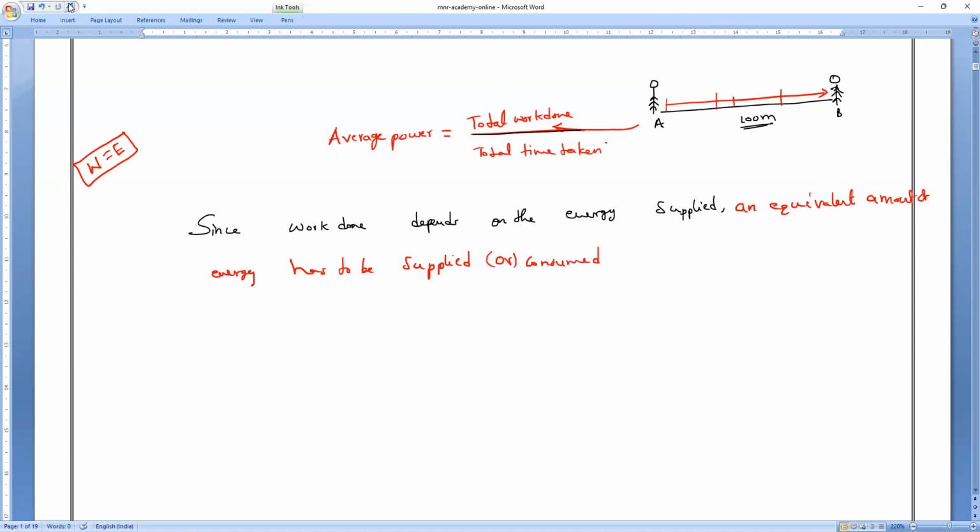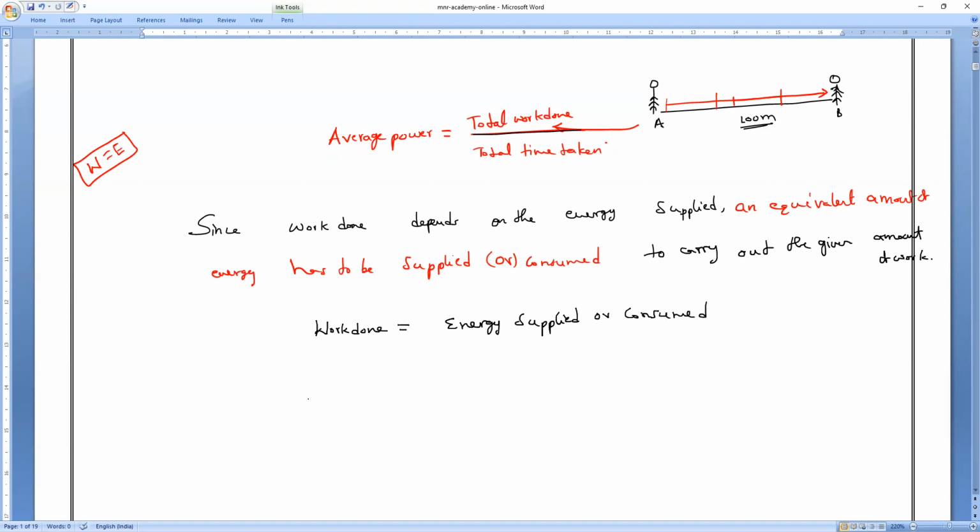Either it needs to be supplied or consumed to carry out the given amount of work. So from that I can say the amount of work done is equal to energy supplied, or consumed. Clear everybody?